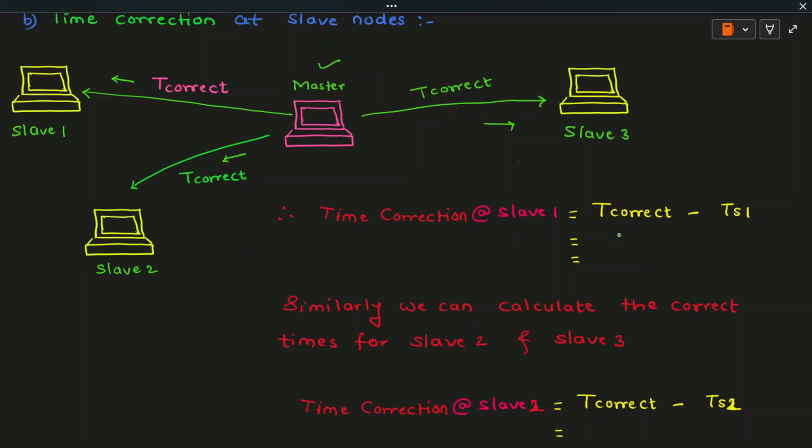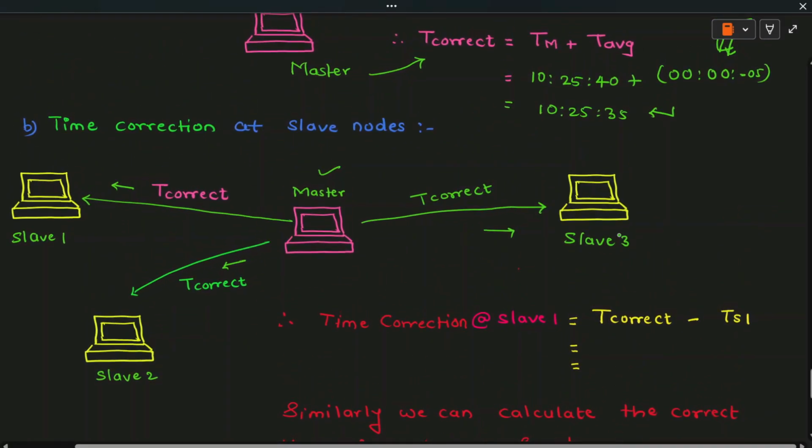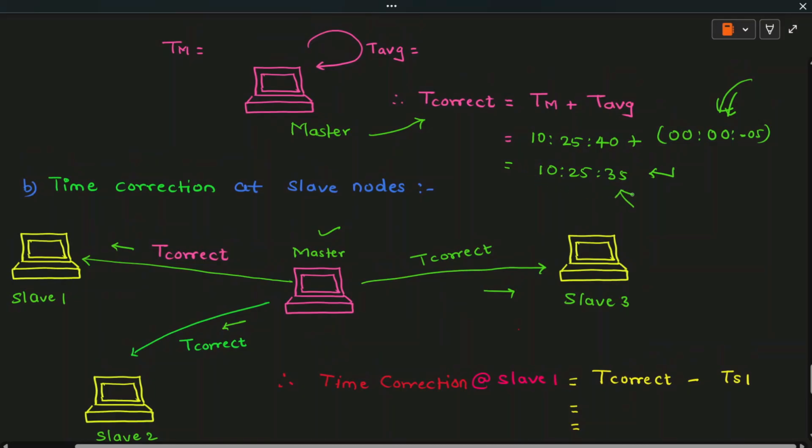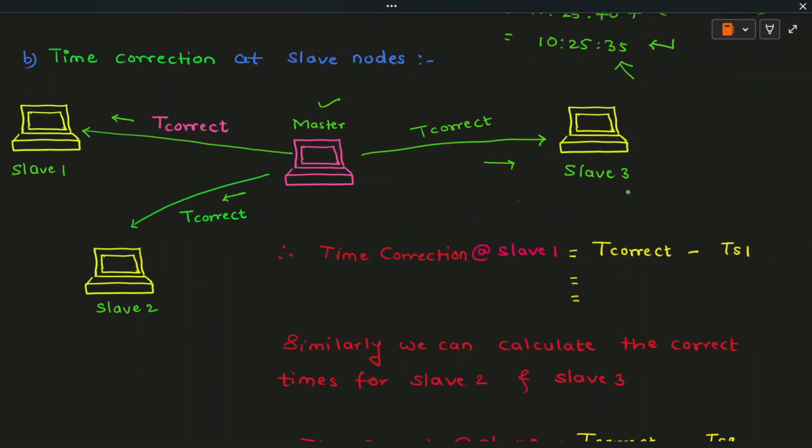So what is T correct? We have calculated it here. This is our T correct, 10 hours, 25 minutes and 35 seconds. We need to synchronize all the nodes, all the slaves, as per this time. From that we need to subtract the time of TS1.